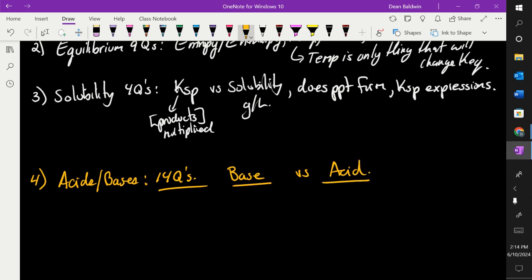What's the quick way to identify a base? What is the smart way to identify a base? It's slippery.